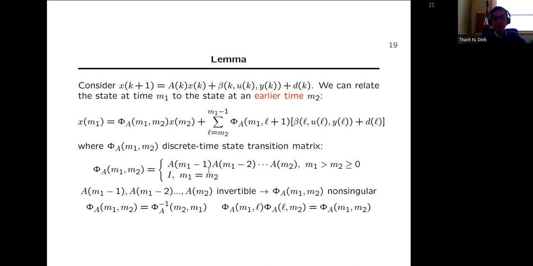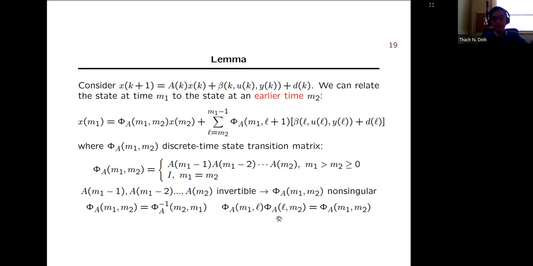We can remark that if matrix A is invertible at all instants from m1 minus 1 to m2, then the matrix phi is also non-singular, and there exists an inverse of phi A that we note phi A minus 1 m2 m1, and phi A minus 1 m2 m1 is exactly phi A m1 m2.